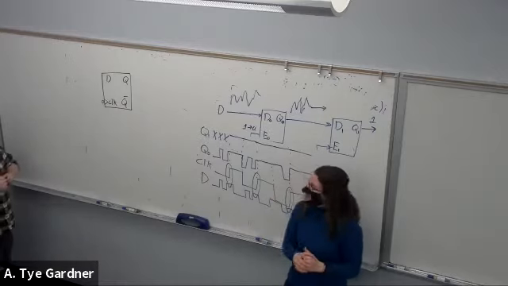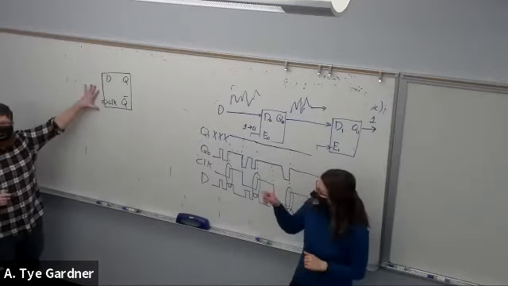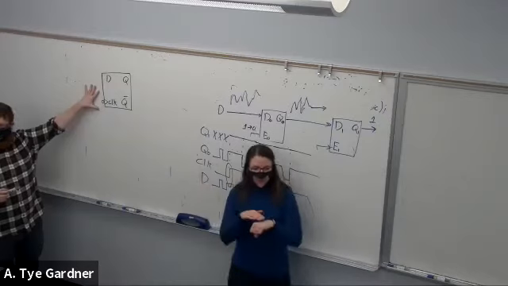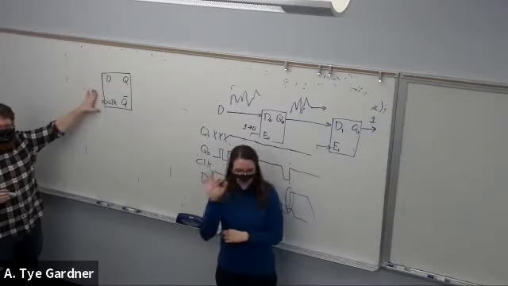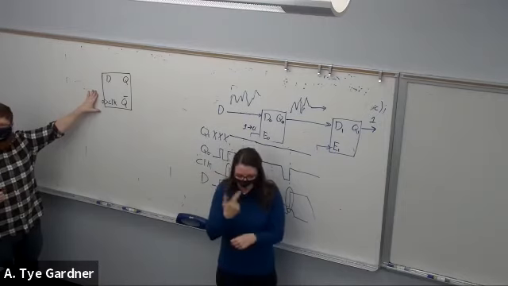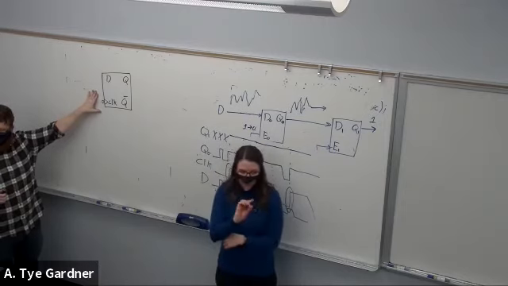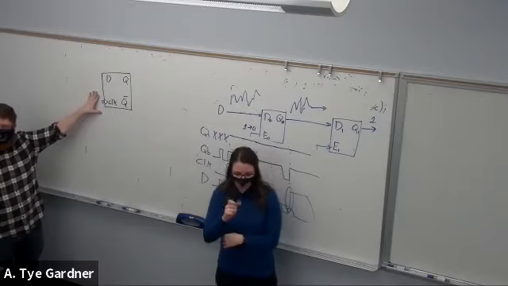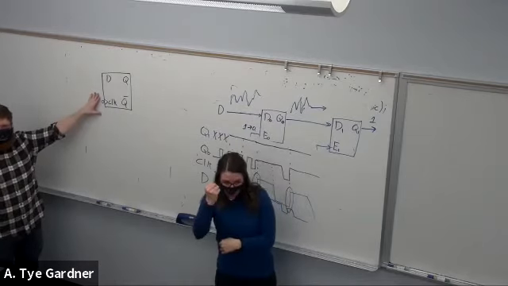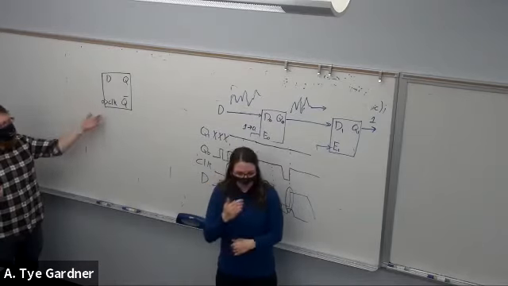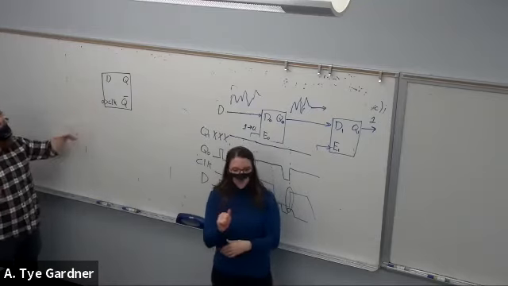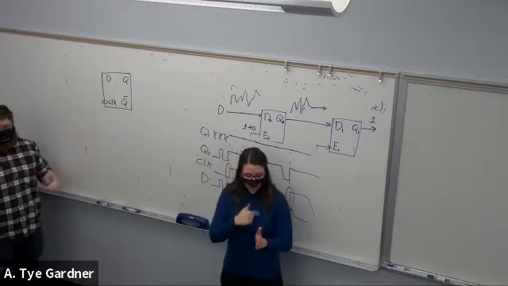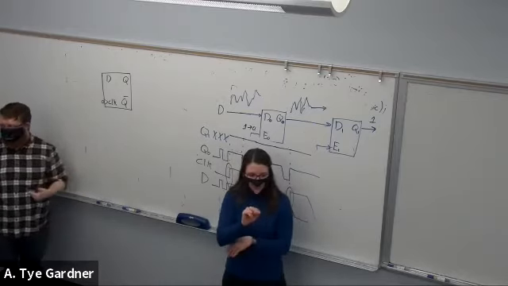So this is the basic building block of memory. This is what we really tend to use because we like to have this edge triggered memory so that we know exactly the moment when we're getting new data. If we don't have this clock, it's a little bit ambiguous, whereas the clock allows us to be synchronous, meaning it all happens at the same time.